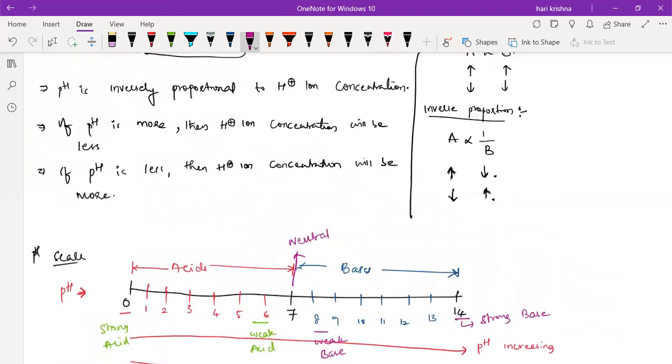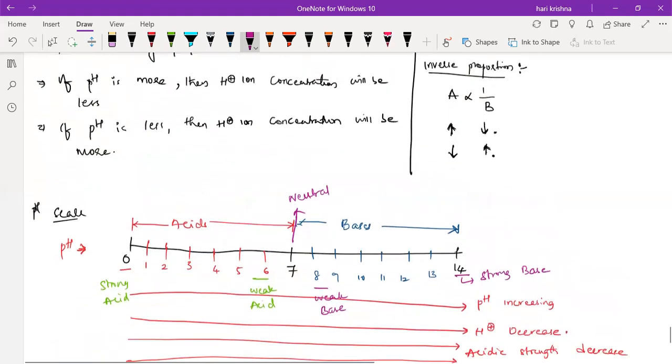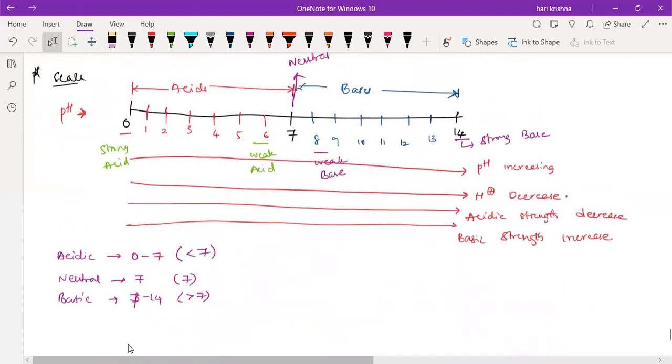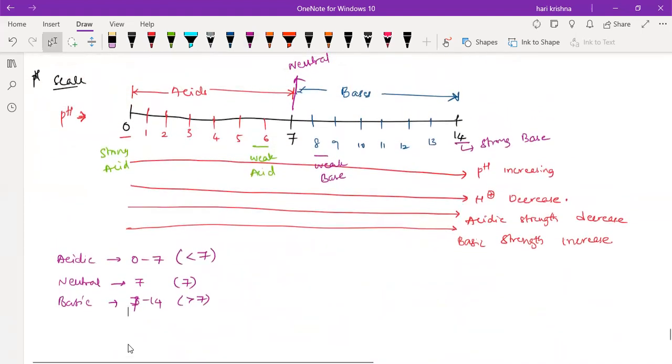Is it clear up to this? Yes, sir. Can you just scroll up once? Okay.